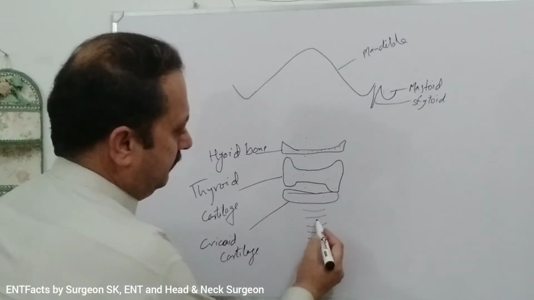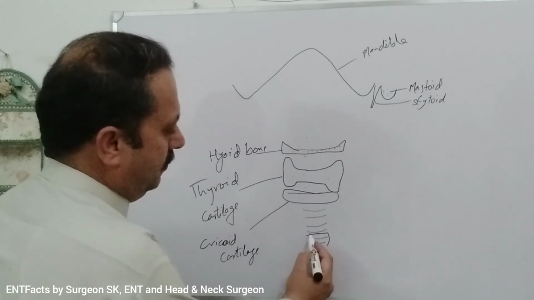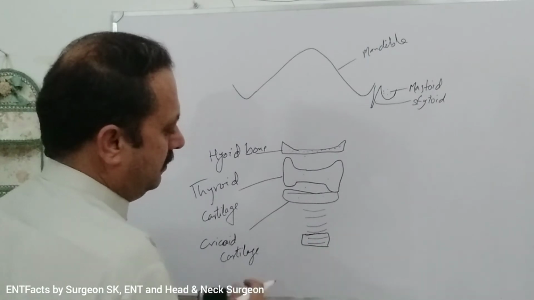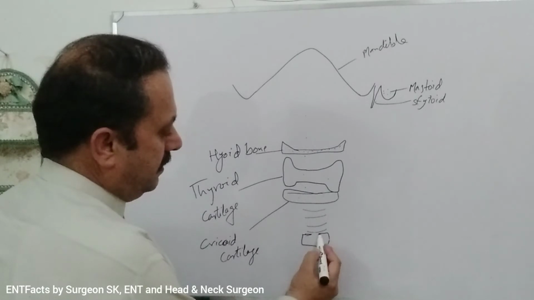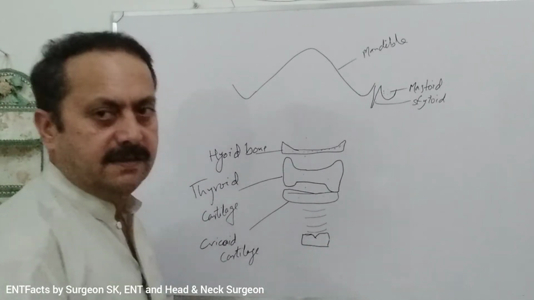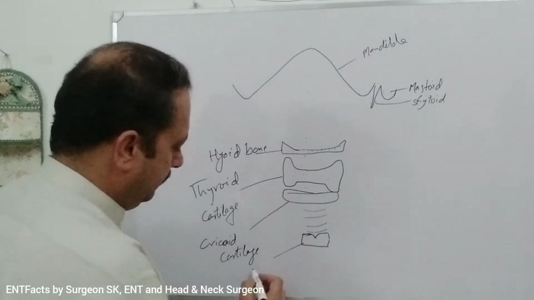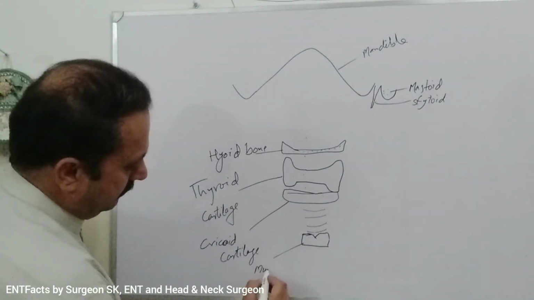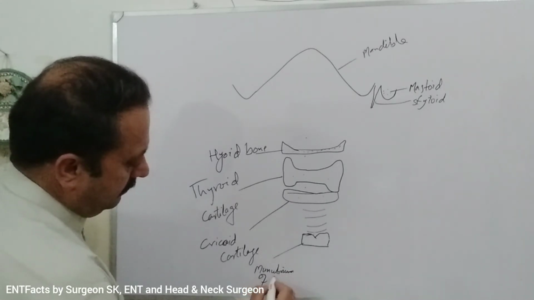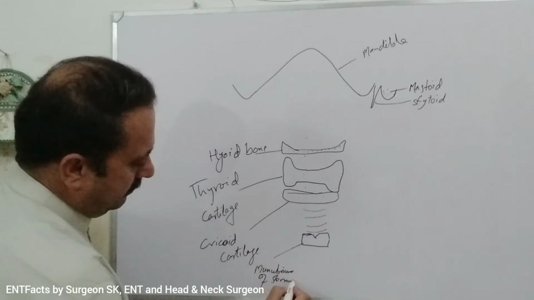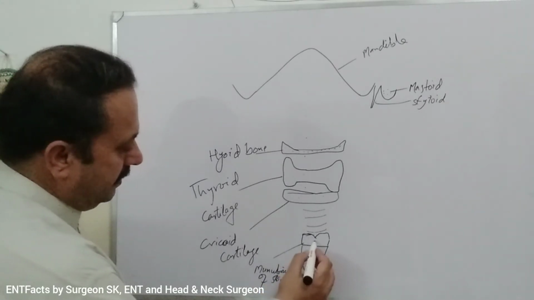Now here there is another bone that is called manubrium of the sternum. The sternal bone, it's a part of that bone.